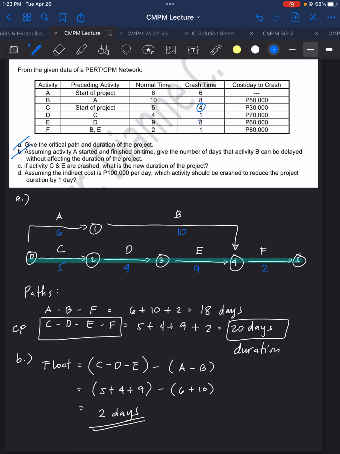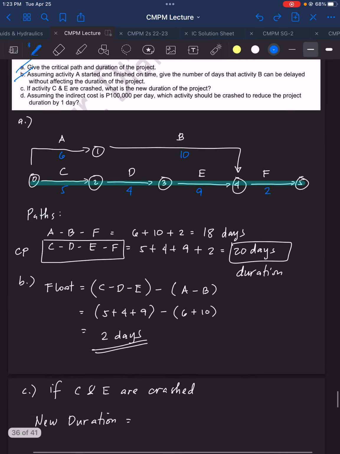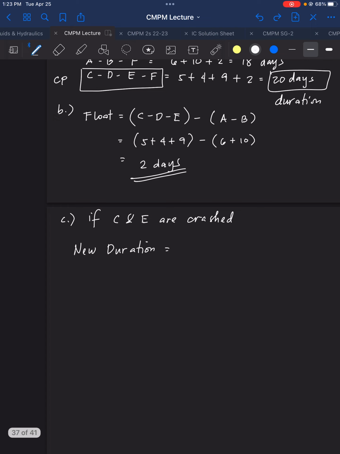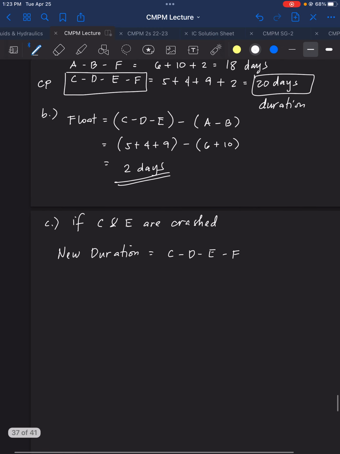The C and E are crashed, and D and F are the same as before. So, instead of using 5 days for C and 9 days for E, we will use 4 and 8. So, we're using the critical path. C, D, E, F is now 4 plus 4 plus 8 plus 2. So, this is now 18 days.